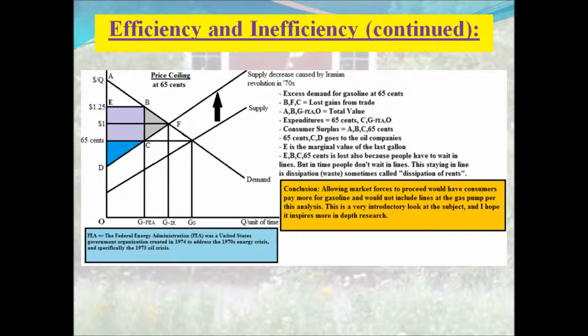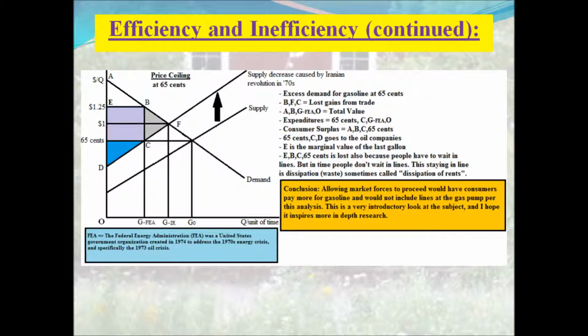But due to the supply decrease caused by the Iranian Revolution in the 1970s, essentially, supply decreases as depicted by that line that moves up. So now the new equilibrium price, due to the Iranian Revolution, is point F.